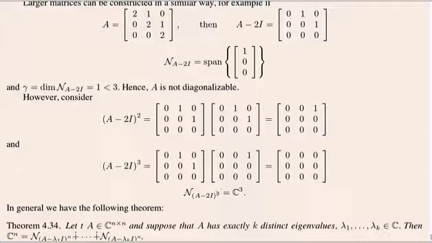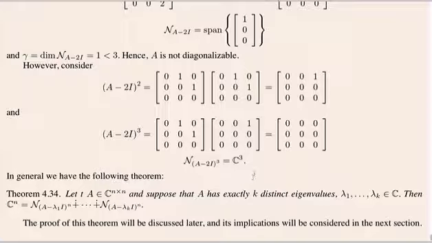So it's interesting that we are working in the 3-dimensional space, and although the geometric multiplicity is less than the dimension, if you take the third power of this A minus lambda I matrix, then the null space will give you the whole vector space. This is actually true in a more general setting when we have different eigenvalues, but maybe the geometric multiplicities don't add up to n. So that's the next theorem.